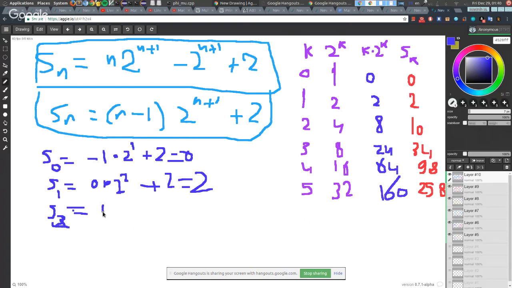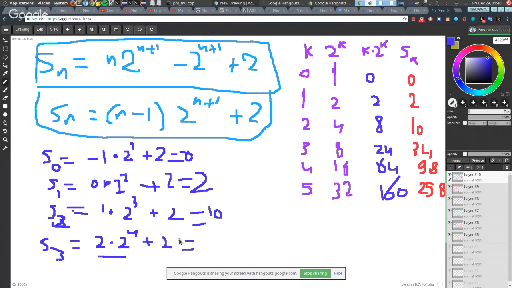S2 is equal to 1 times 2 to the power of 3 plus 2, which is 10. S3 is 2 times 2 to the power of 4 plus 2. So this is 32 plus 2, so it's 34.